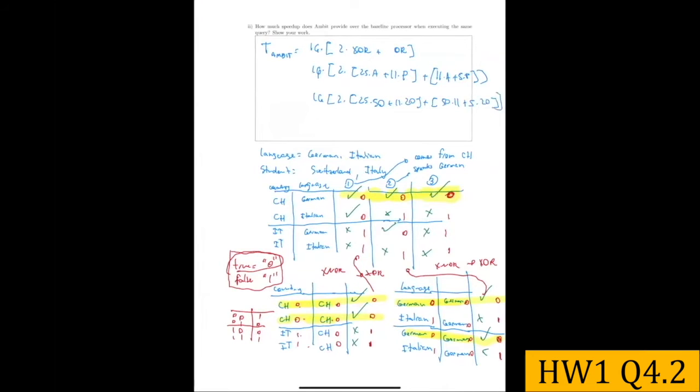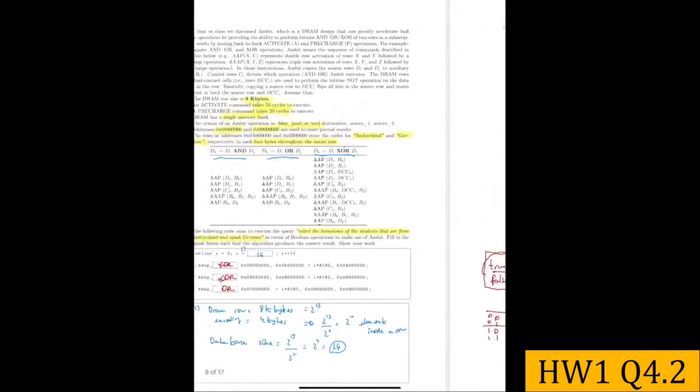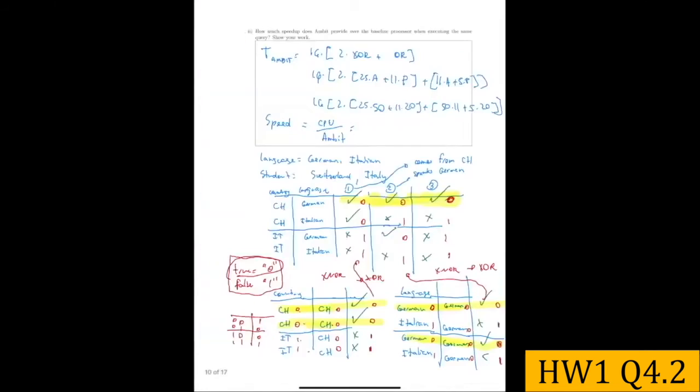Okay, so the speed up is going to be the time that it takes to execute on the CPU divided by the time that it takes to execute on Ambit. The time to execute on the CPU we figure out in the prior question is 3 times 2 to the 15 times 100 cycles.